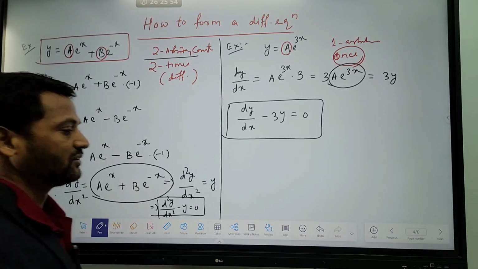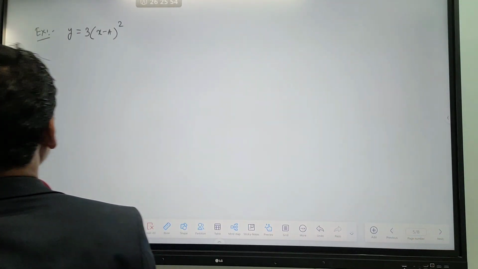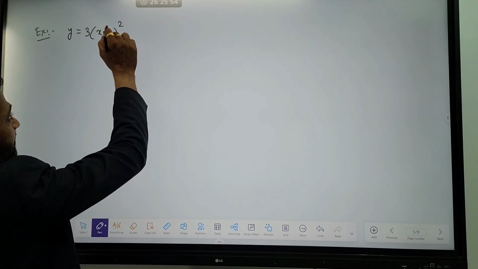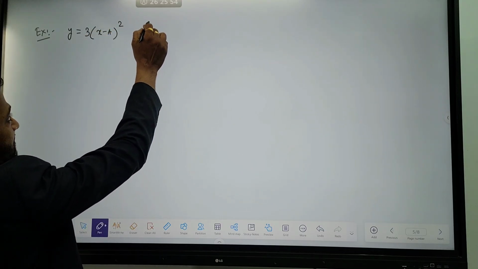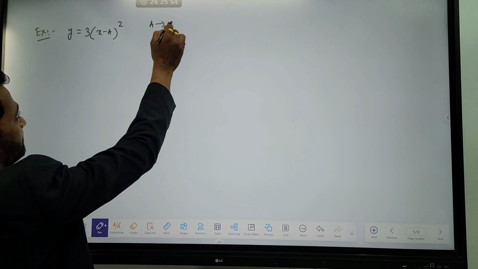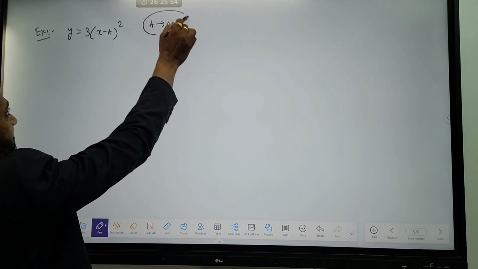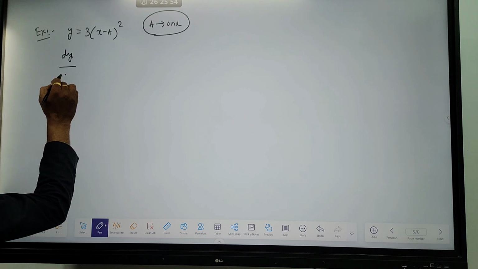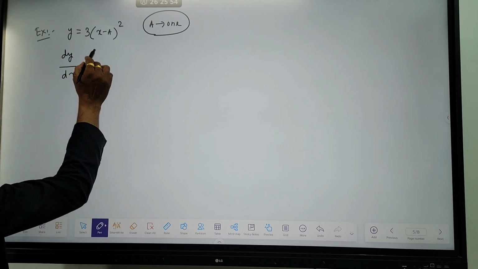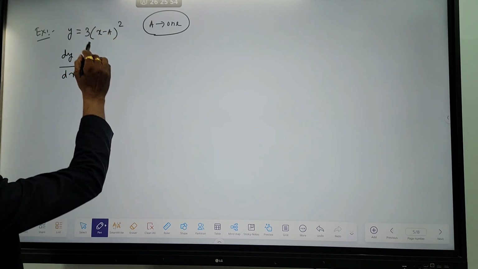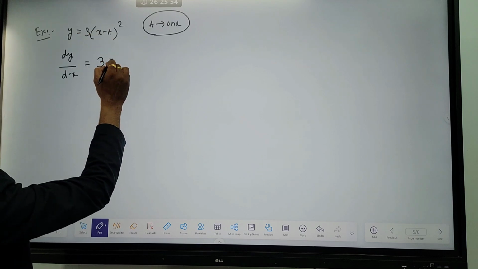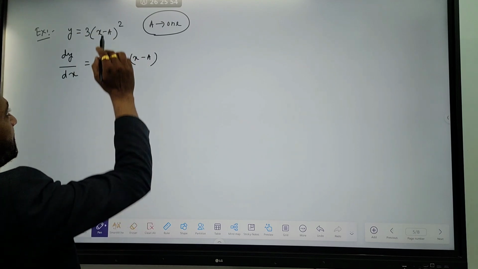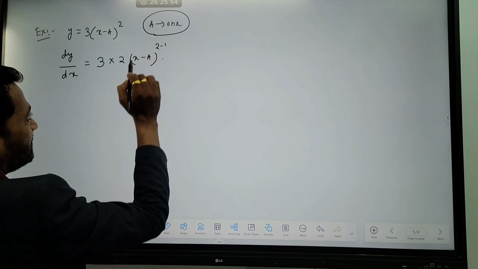Is it clear? Okay, coming to the next question. y equal to 3x minus a whole square. Here first check how many arbitrary constants. a is an arbitrary constant, that means one arbitrary constant. So you have to differentiate this function only once. If you differentiate, I can write dy by dx is equal to, what is its differentiation? Look, 3 is constant, so what is the differentiation of this part? 2 into x minus a to the power 2 minus 1.